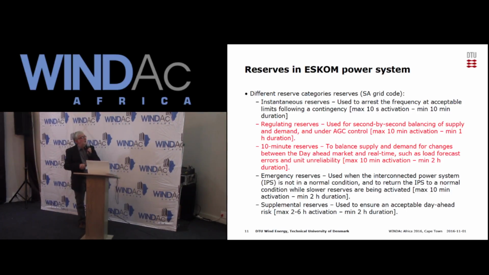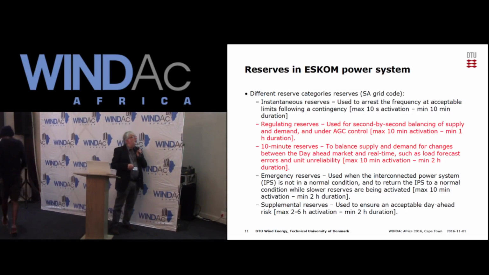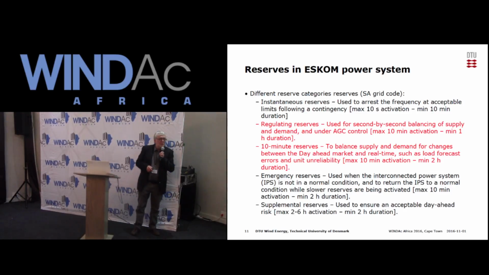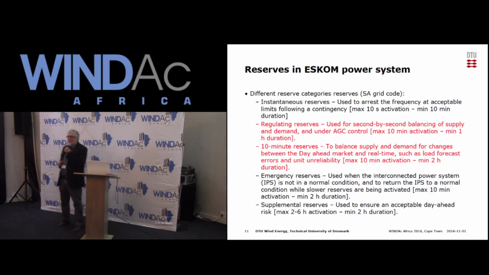Then they have something they call regulating reserves, and this is what is associated with the AGC control. So this is automatic secondary reserves, or in the European context, it would be frequency regulation reserves, or automatic frequency regulation reserves. And then we have the 10-minute reserves, which are manual, and we'll come back to that, but they are much less costly than the regulating reserves.